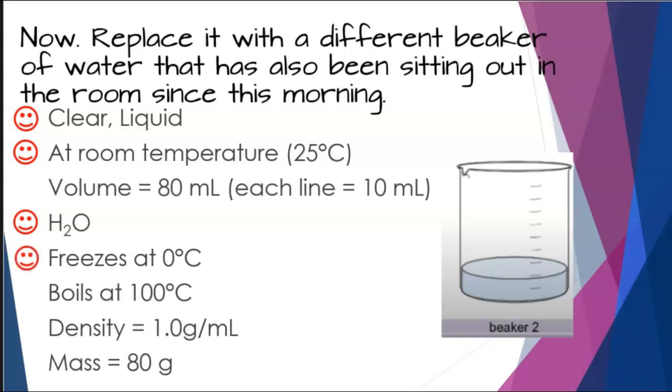Yes, it does. Is the density, even though there's less of it, still 1.0 grams? Yes. But is the mass still 80? And the answer is no. So volume and mass are the only two things that don't have the smiley face. Those are the only two extensive properties of water and the ones that we identified.